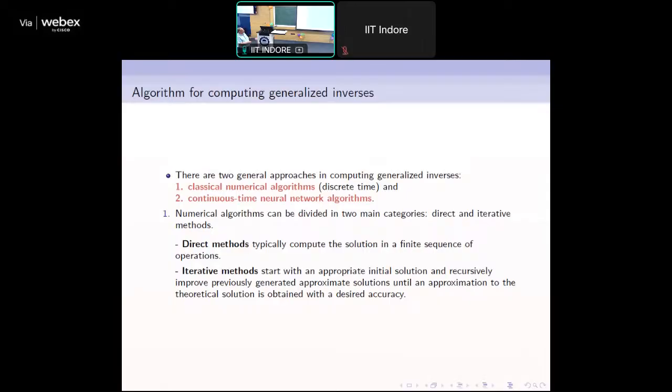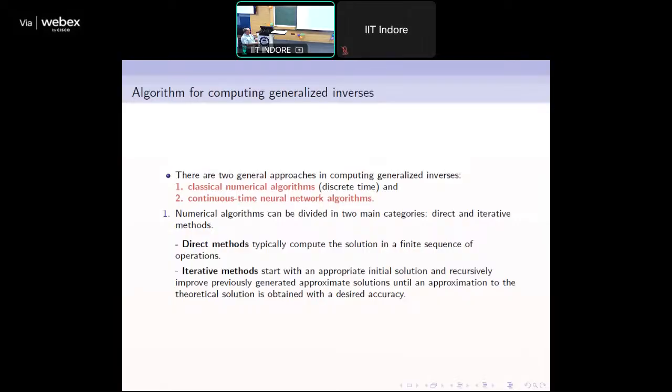Classical numerical algorithms can be direct and iterative. Direct methods typically compute the solution in a finite sequence of operations. We exactly know the computation is finished, and we will obtain the generalized inverse. Iterative methods start from an appropriate initial solution and improve it during iterations.